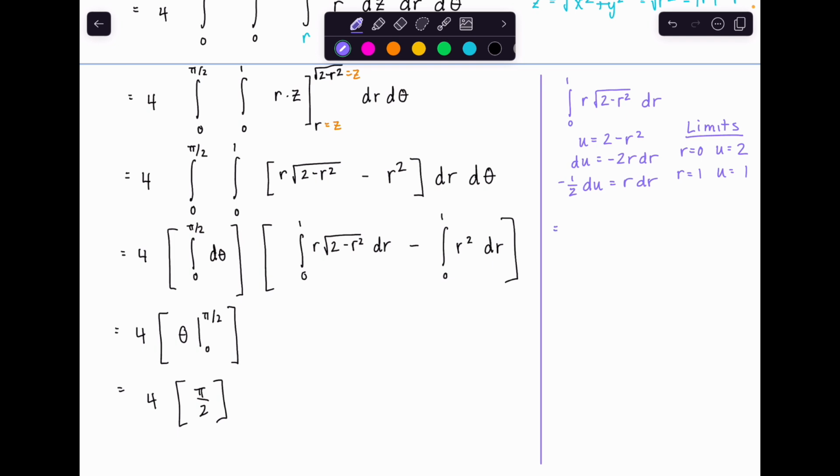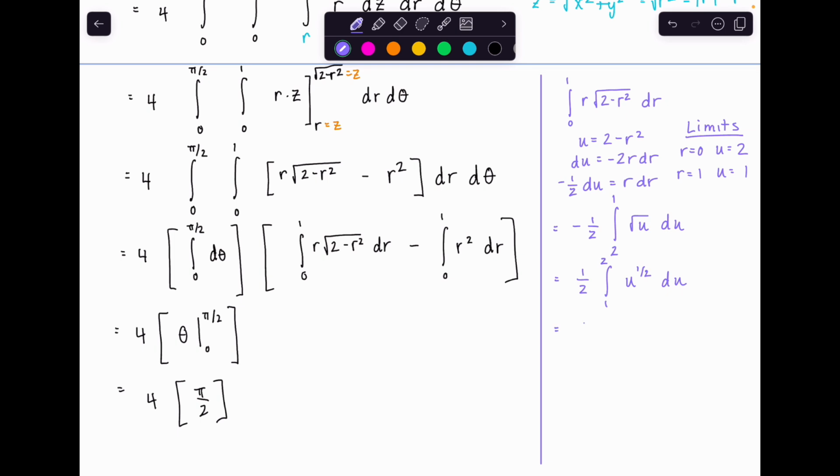So this becomes negative 1/2 the integral from 2 to 1 of square root of u du. And if you don't like that the bounds are out of order, remember that minus sign can cancel with that. You just flip the bounds. So now we've got 1/2 the integral from 1 to 2 of square root of u, which is u to the half.